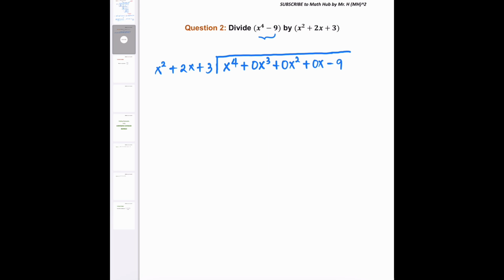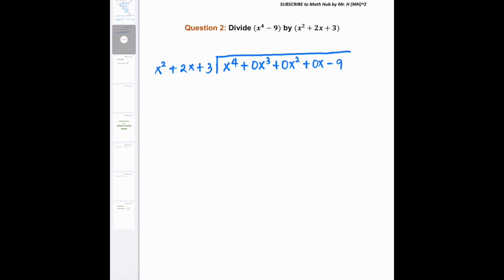It actually doesn't affect the value of the expression. So once you have already completed the terms in descending order of exponents, then we can proceed with the division straight away.